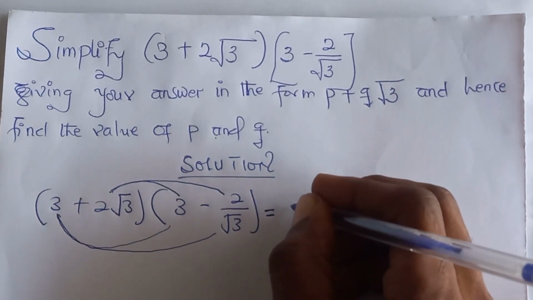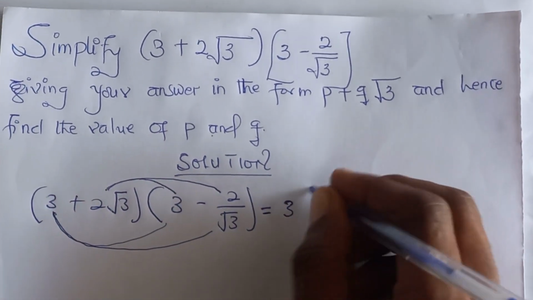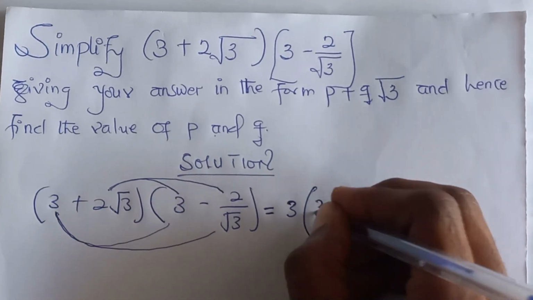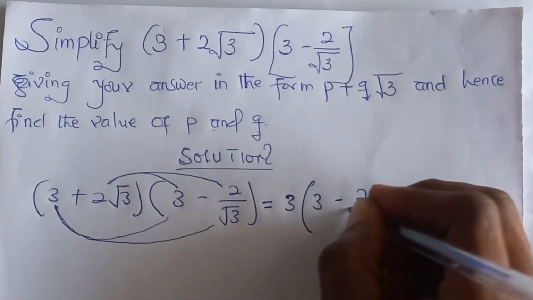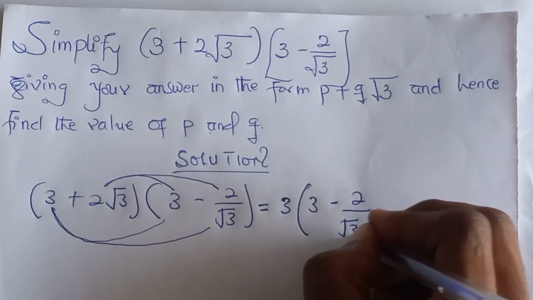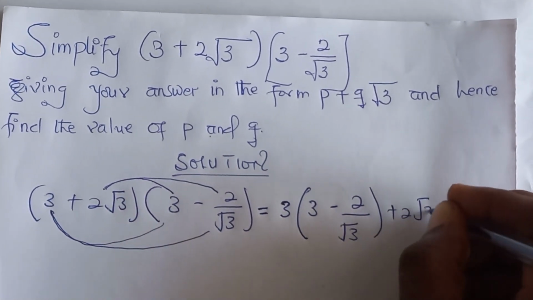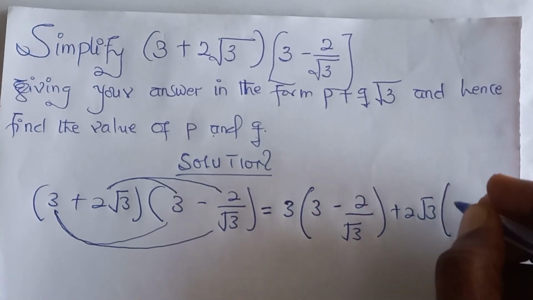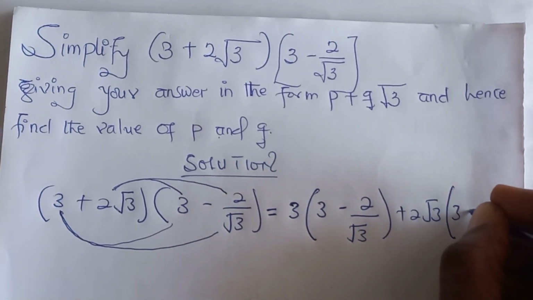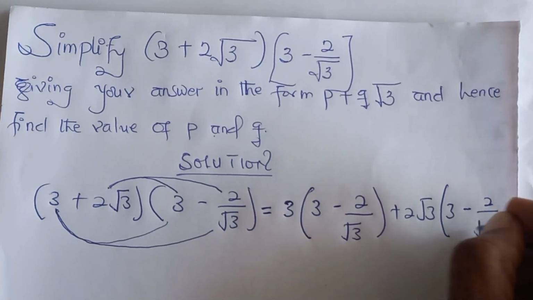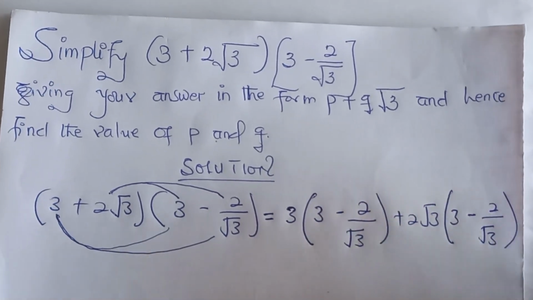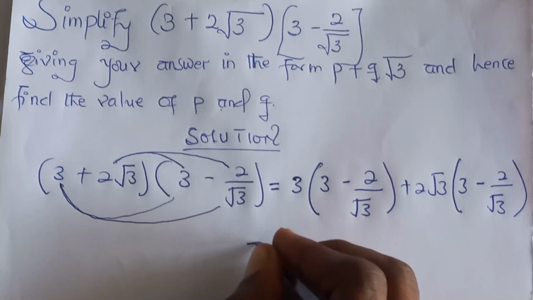So we are going to get 3(3 − 2√3) plus 2√3 multiplied by (3 − 2√3). Good. So we can simplify this.